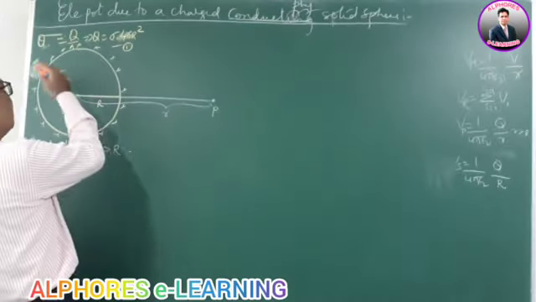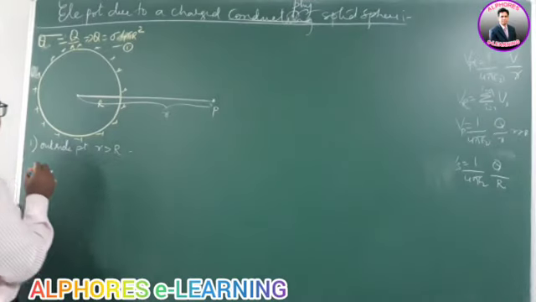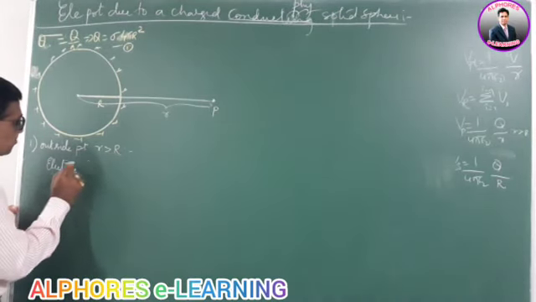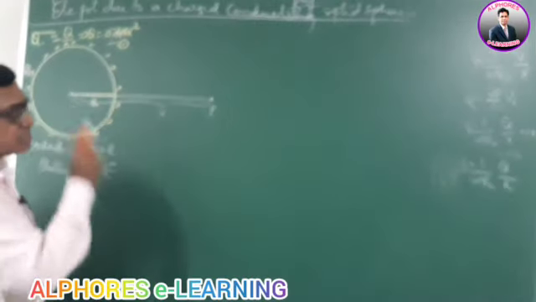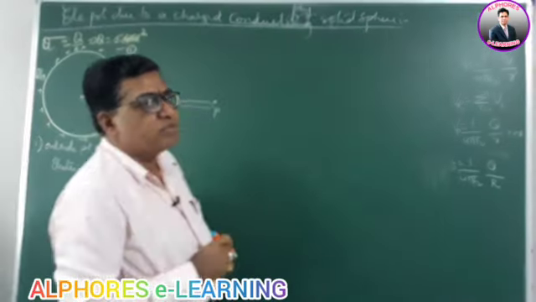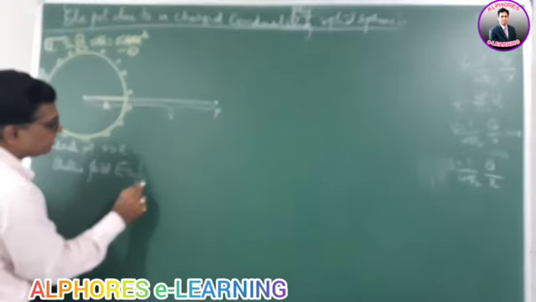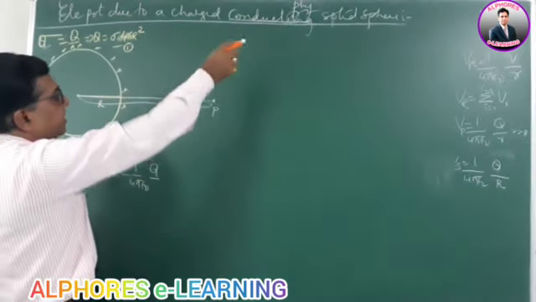Now, for this conducting charged sphere at an outside point, first the electric field. We have learned in the previous chapter the formula for the electric field of a conducting sphere at an outside point.